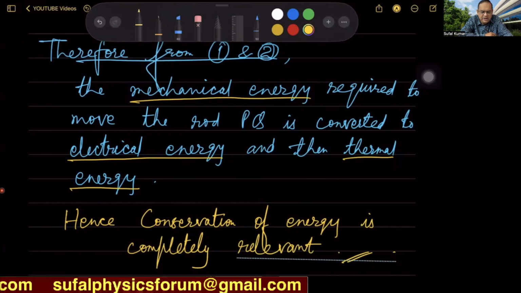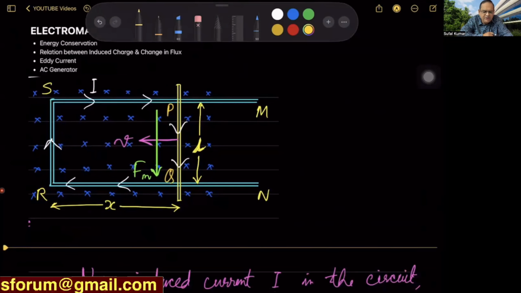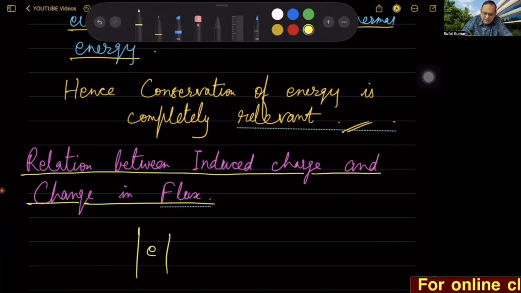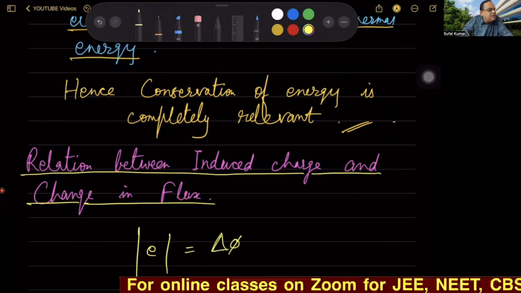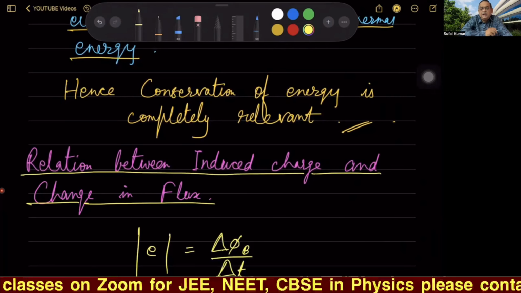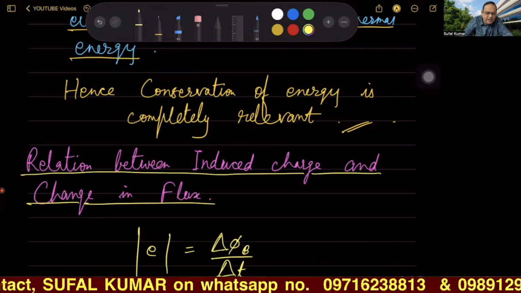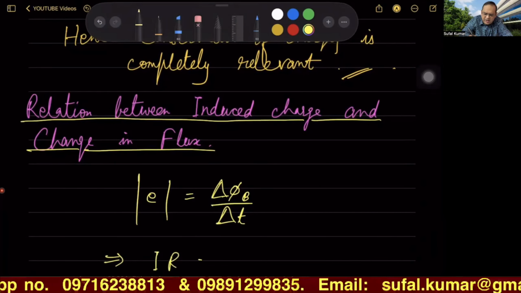Now, next topic, relation between induced charge and change in flux. Here we have from basic fundamental of this chapter, mod of E is equal to del phi B upon del T. That means d phi by dt. But on the other hand, it is IR.